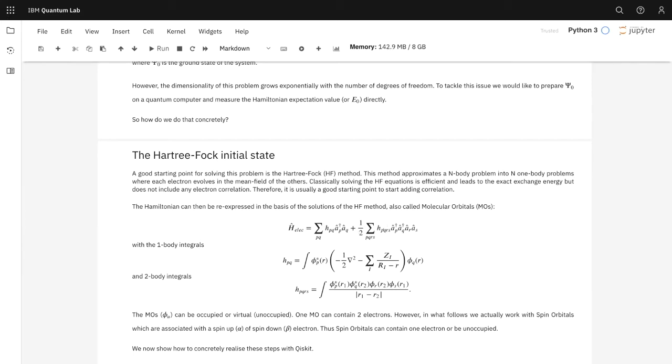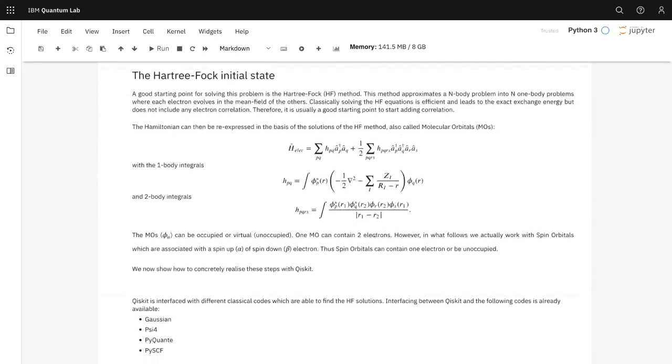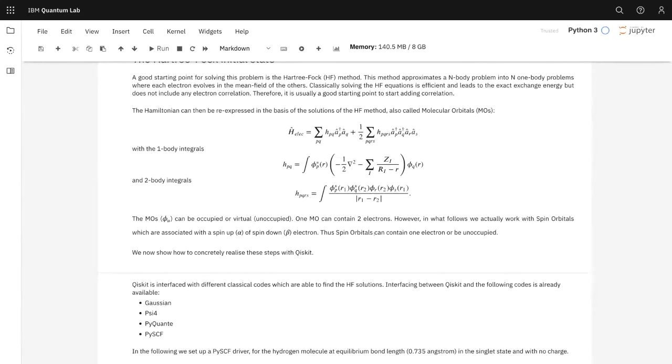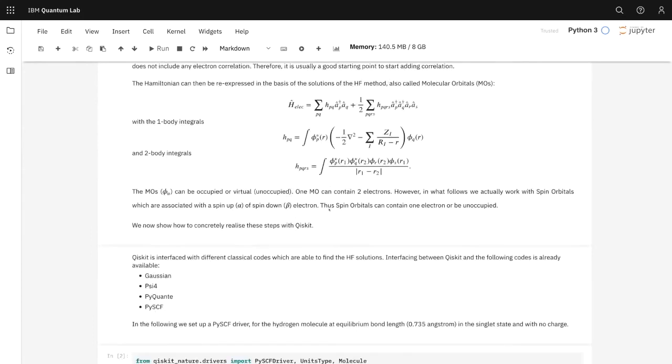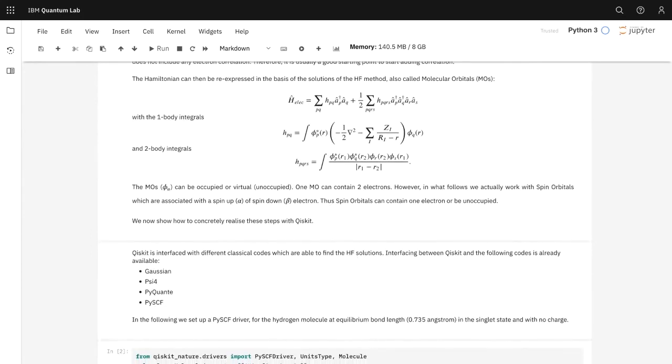So that's an input to our VQE simulations. Qiskit is interfaced with multiple quantum chemistry programs: Gaussian, Psi4, PyQuante, and PySCF. In this notebook, we're going to use the PySCF program.